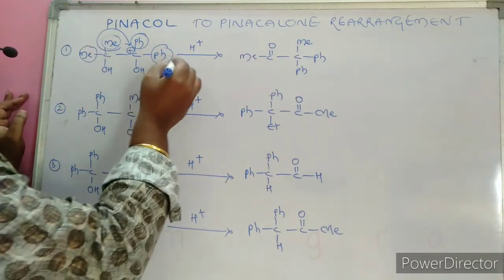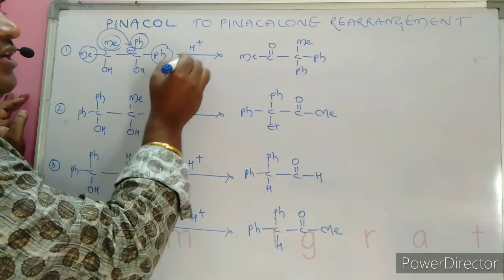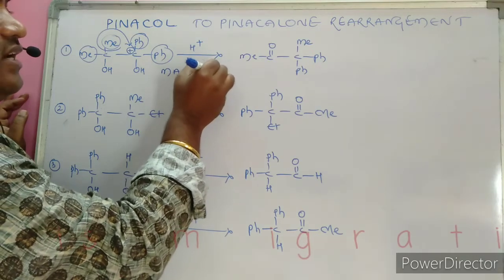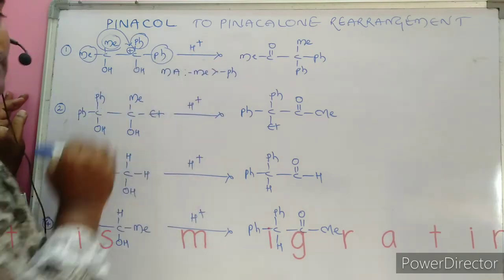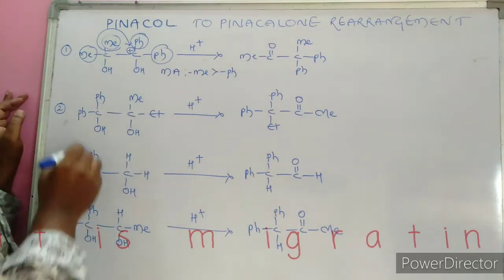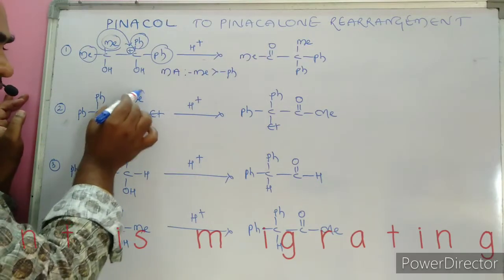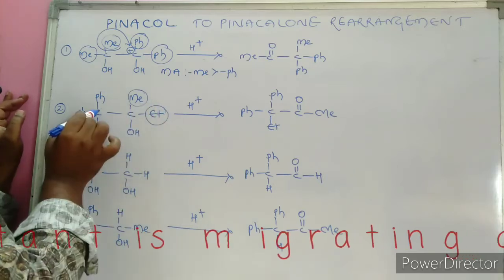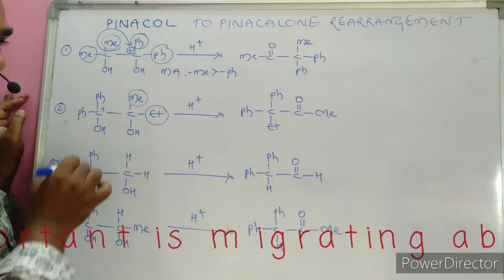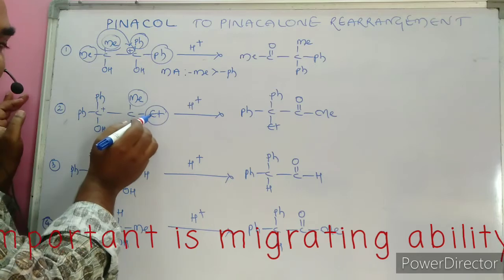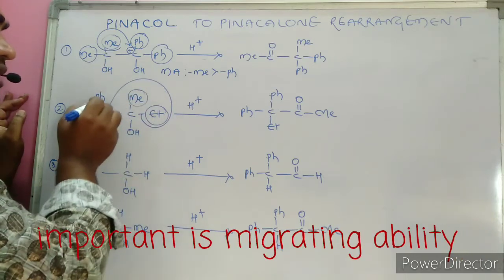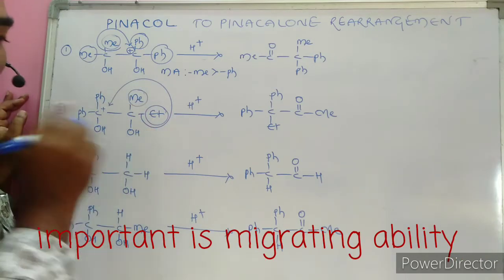Very, very important: migrating ability of methyl is greater than phenyl. Whereas here another, a methyl is given, an ethyl is given. We know well the benzyl carbonium is a more stable one. Among the methyl and ethyl groups, the ethyl migrates easily, in terms of migrating ability.